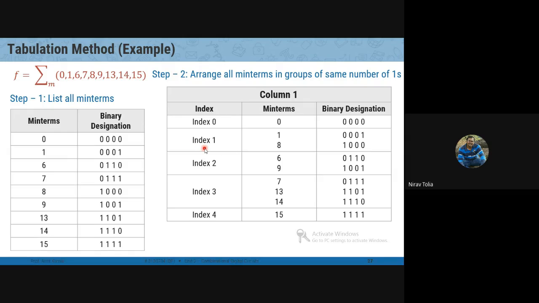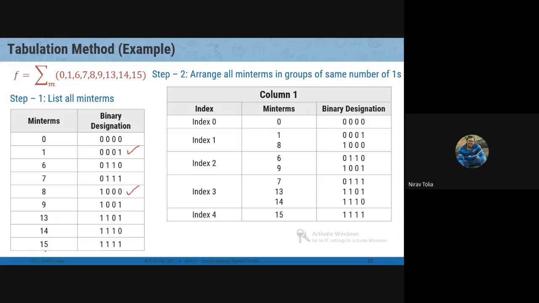Index 1 means the number of 1s available in the binary representation is 1. Which are the min terms? You can see 1 and 8. Make a group of 1 and 8.